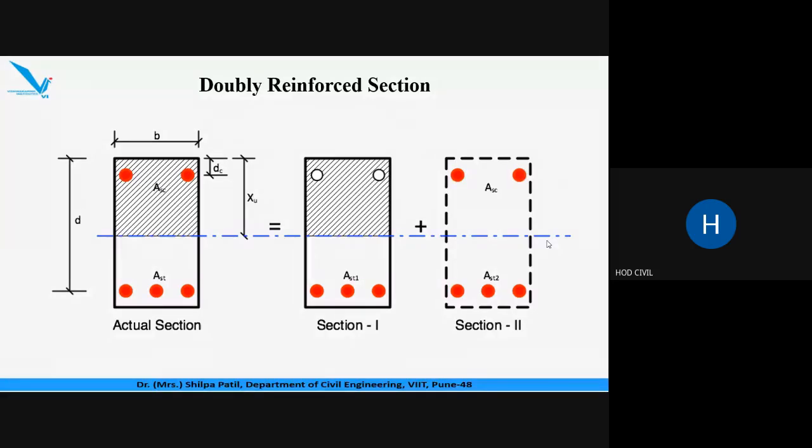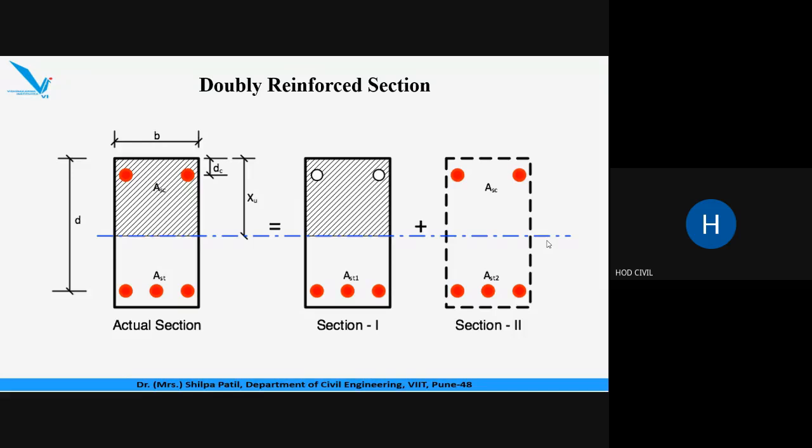In section 1 we consider that the steel is provided only in the tension zone, that is in the bottom area of the beam. And the second section is the combination of both steels, that is the steel provided in the tension zone as well as the steel provided in the compression zone, just for the sake of simplicity in the calculation.